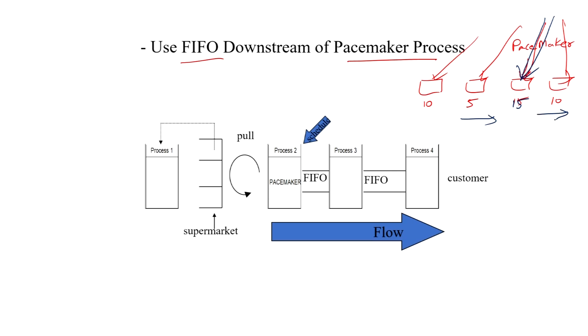You plan the pacemaker, and based on the production plan, it will pull the material from the previous workstations, and there is a push to the later workstations. So, there is no need to plan all the workstations independently; planning one station is good enough.